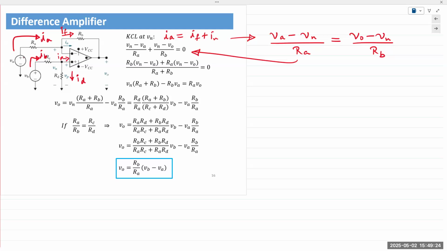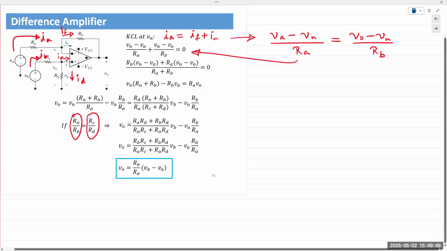If we choose the ratio of RA to RB, the feedback resistance, to be the same as the ratio of RC to RD, then we can reduce VO to the difference between VA and VB. Okay. The gain is given by the ratio of RB to RA.